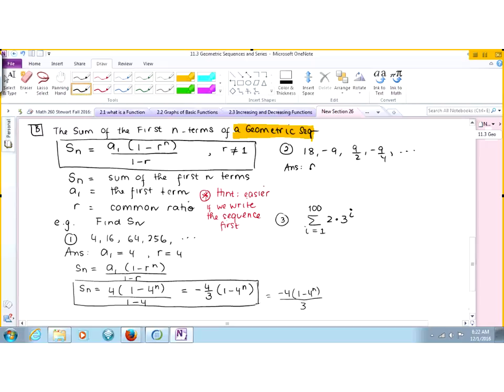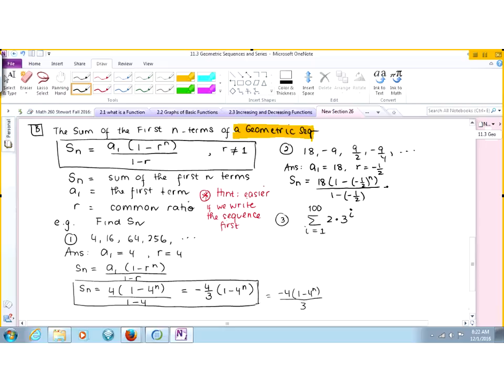Okay. Can you answer number 2? What is A1? 18. What is R? -1/2. Okay, so Sn is 18 times 1 minus -1/2 to the n, divided by 1 minus -1/2, right?